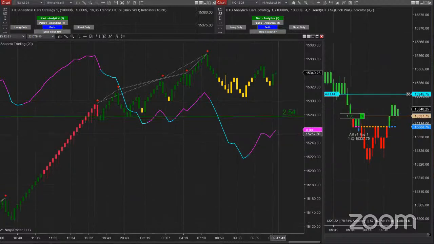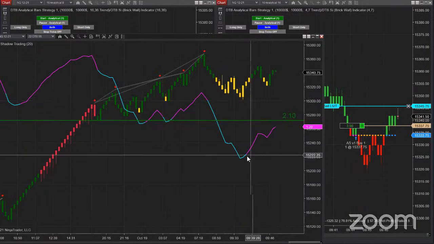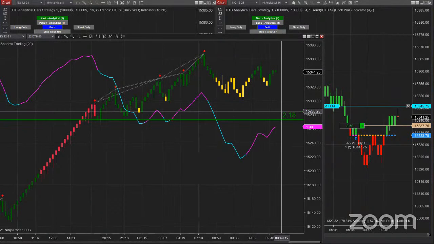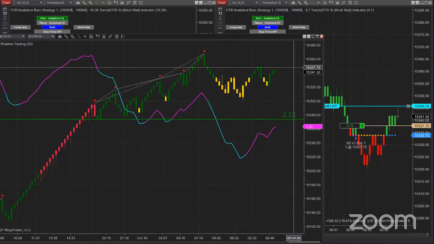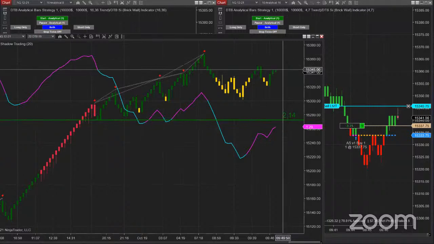Right now, this is facing up very nicely, so we're very likely to get this target hit. You can just see how this momentum line is facing up. So that's a good thing to see if you're in a long position, and not a good thing to see if you're in a short position.